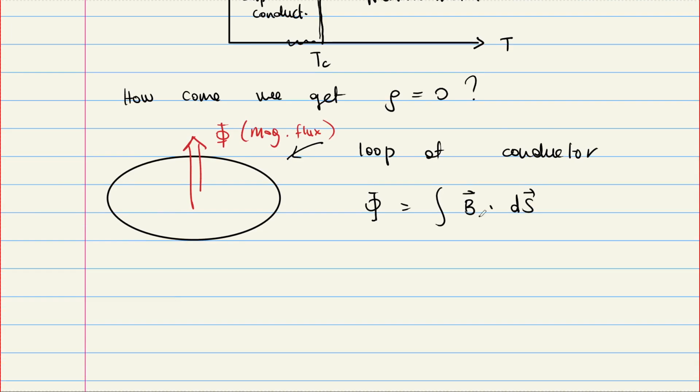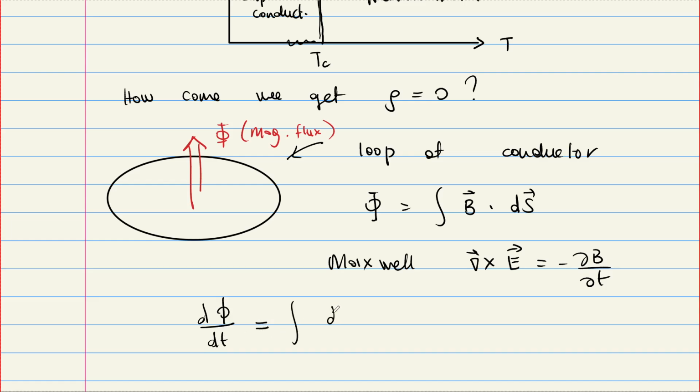And we know the Maxwell equation, so let's use Maxwell. Del cross E is equal to minus del B del T. So if you take the derivative here, what we are going to have is d phi dt equal to dB dt dot dS.